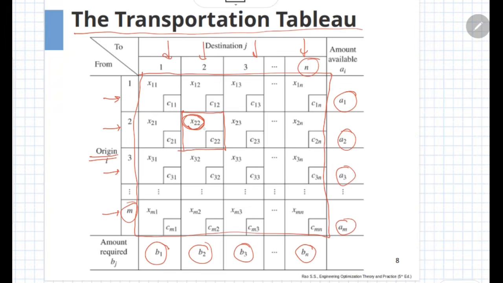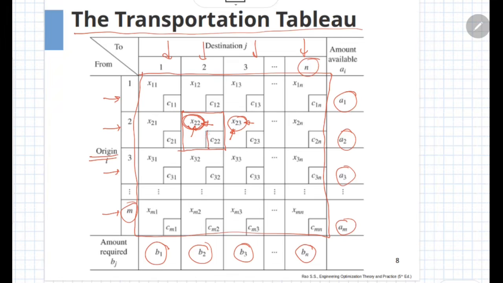X22 is the quantity which is supplied from second origin to second destination. In the next cell, it is the quantity from second origin to third destination.